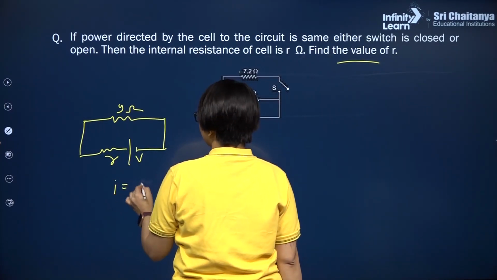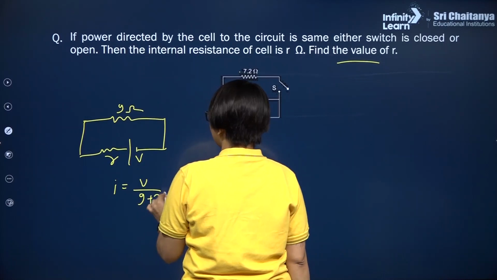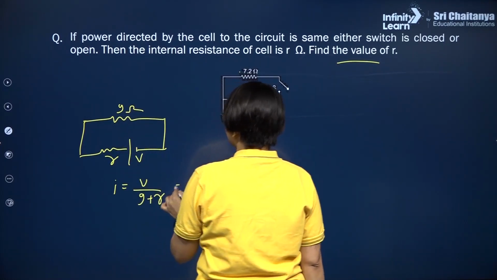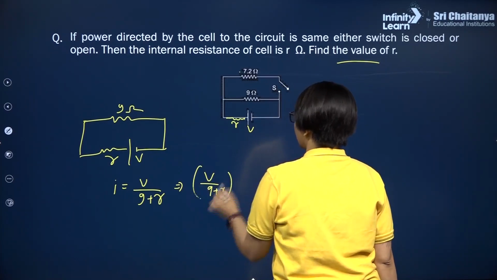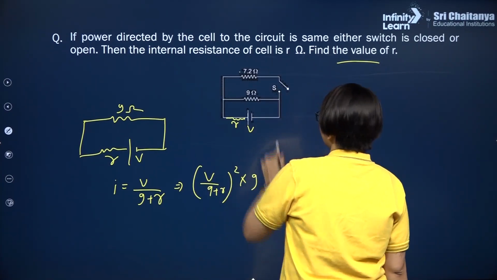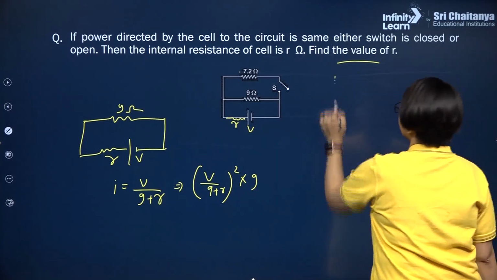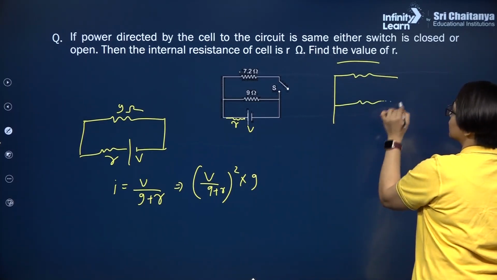So I is V upon 9 plus R. So power given to this will be I square R, which is V upon (9 plus R) whole square into R, that is 9.